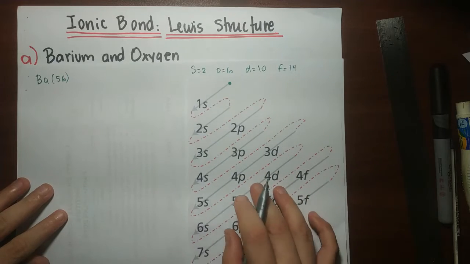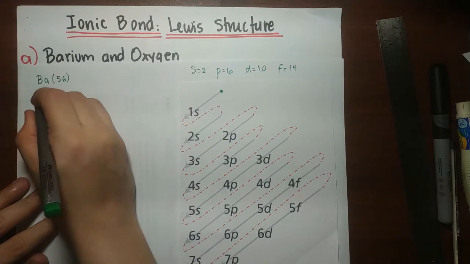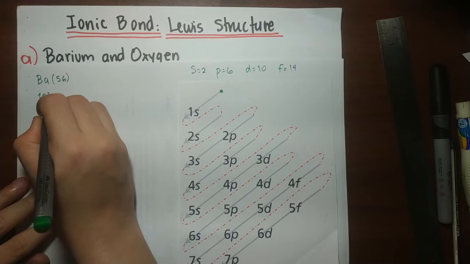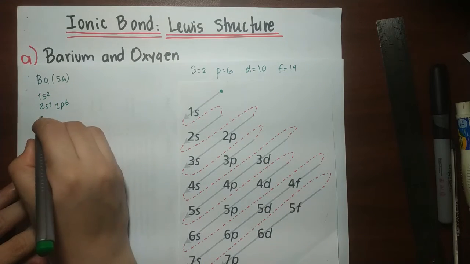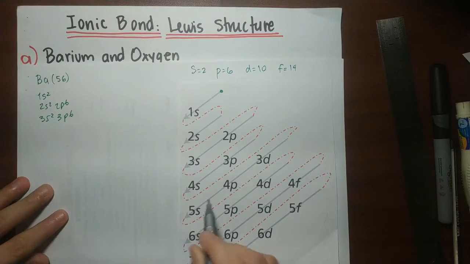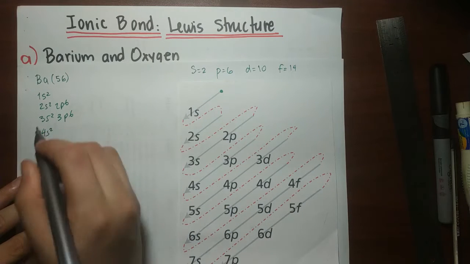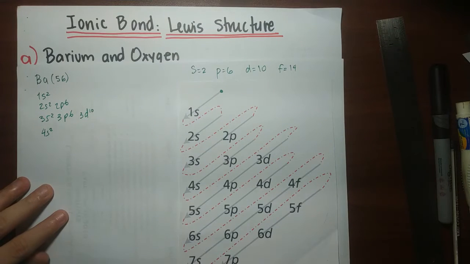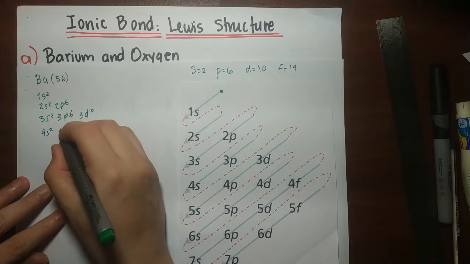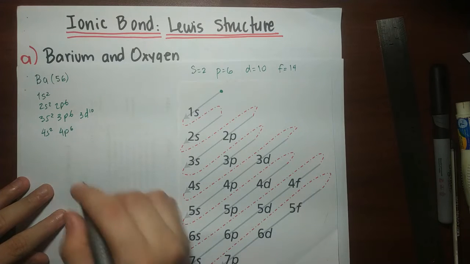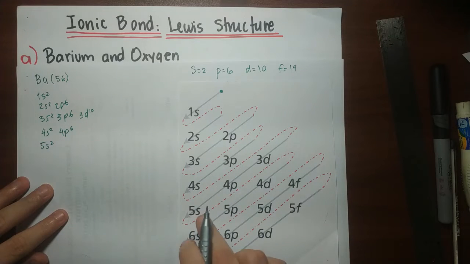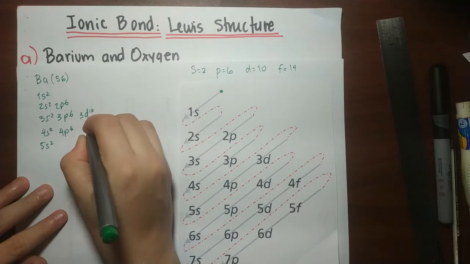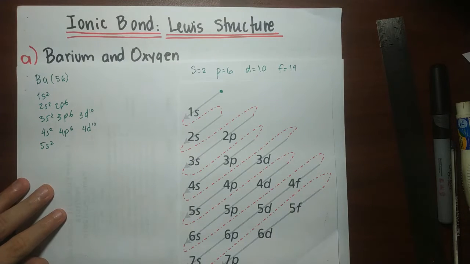Now, for barium, it's as simple as 1s2, 2s2, 2p6, we follow, 3s2, 3p6, we follow, 4s2, we go back to 3d10. I know I have 30 in here, so I continue. 4p6, 5s2, now I go back to 4d10, and I have 48.